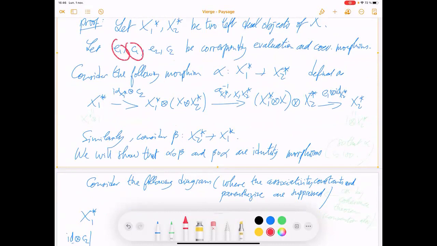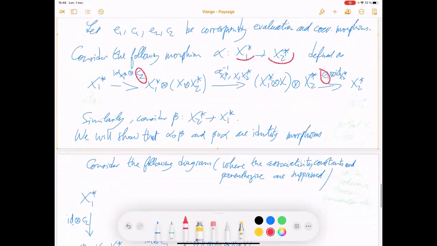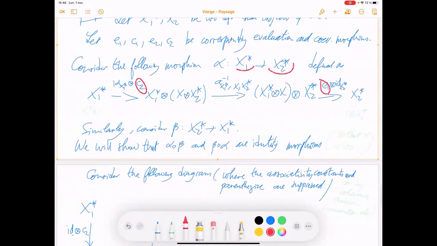So for going from x1 star to x2 star, you mix the two. Here you use C2 E1, and you get a map from x1 star to x2 star. And you can similarly use C1 E2, and you get this map.